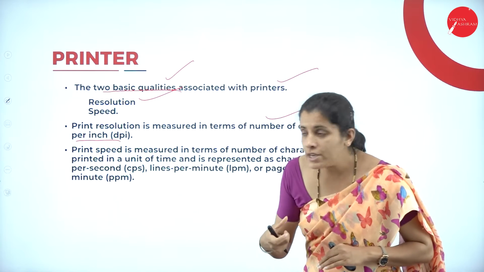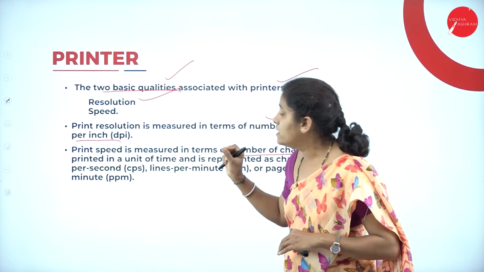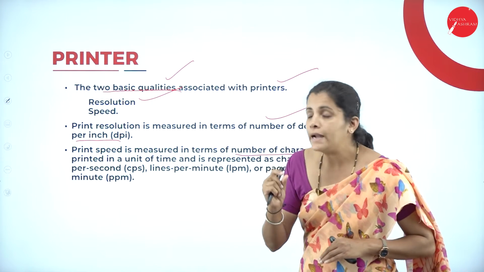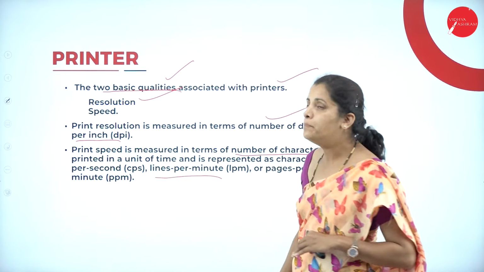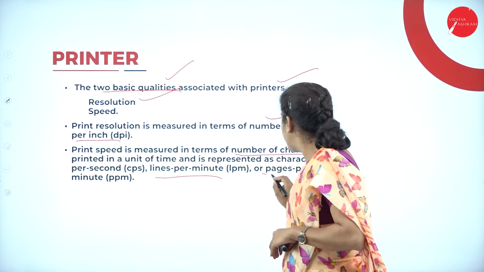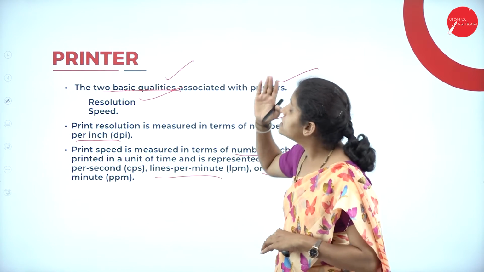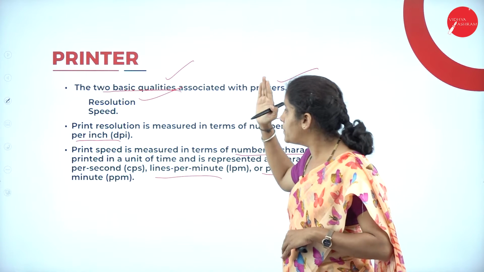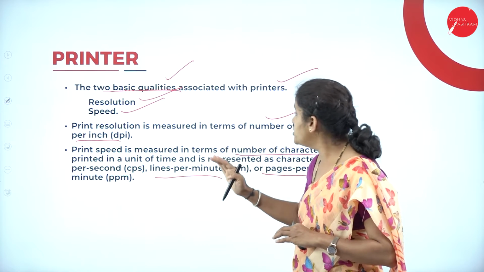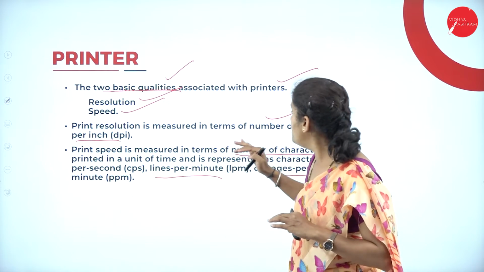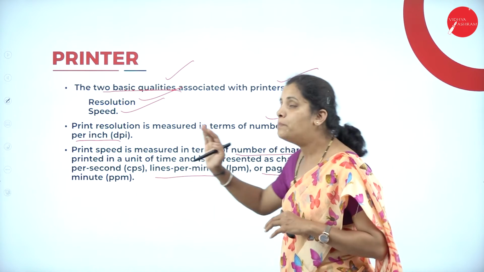Print speed is measured in terms of number of characters printed in a unit of time, and it is measured in characters per second or lines per minute, or it may be referred to as pages per minute.